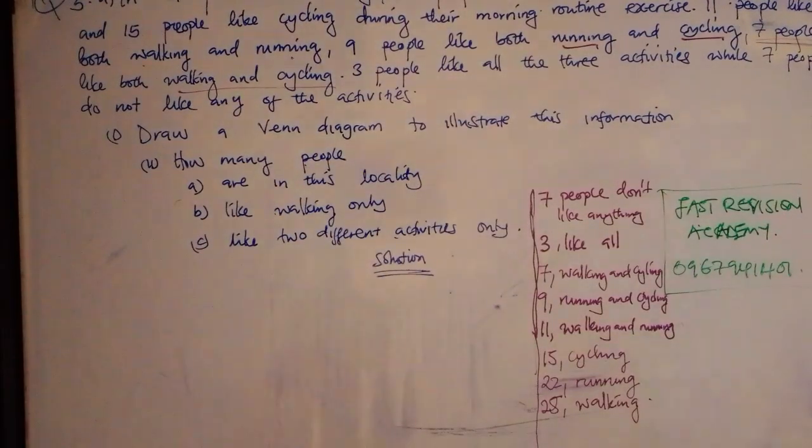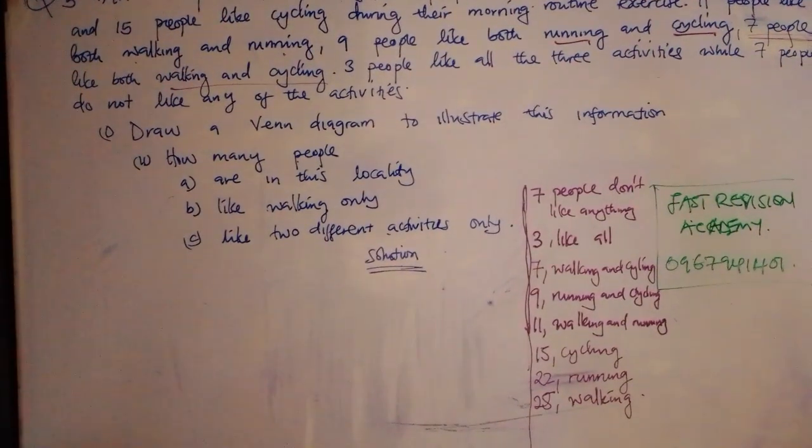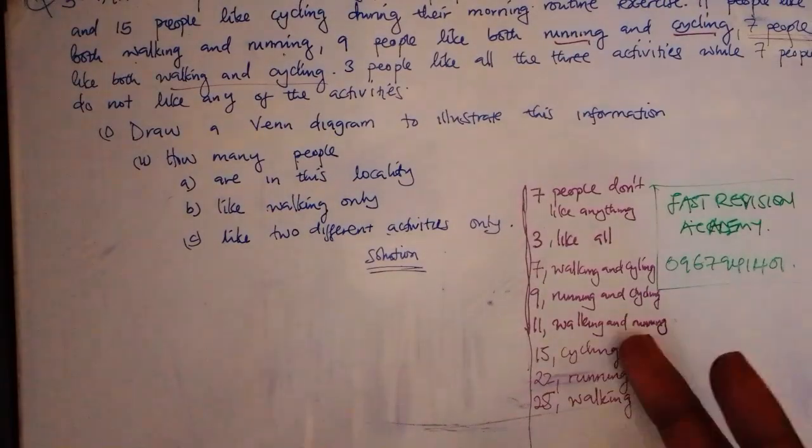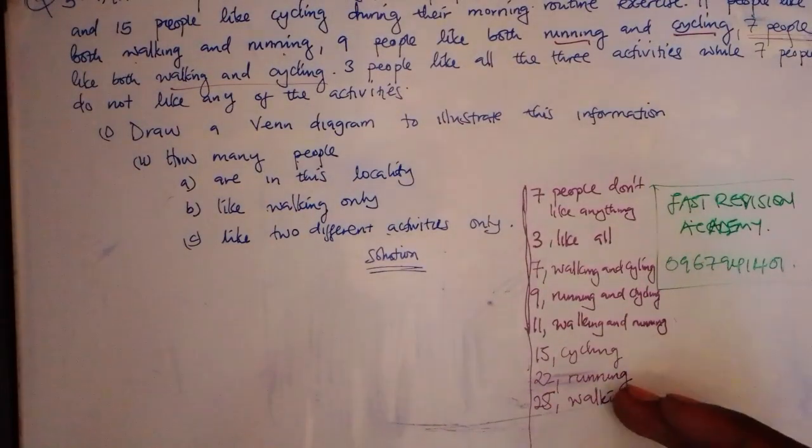There is no other thing. This gives you an idea of which type of Venn diagram you are supposed to draw. In our case, the Venn diagram should have three sets, for cycling, learning, and walking.